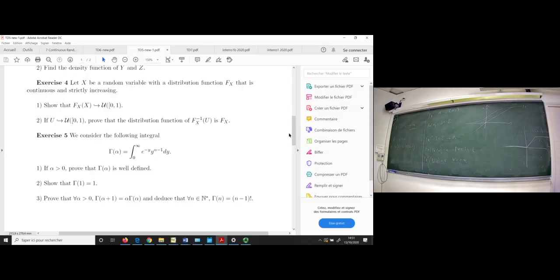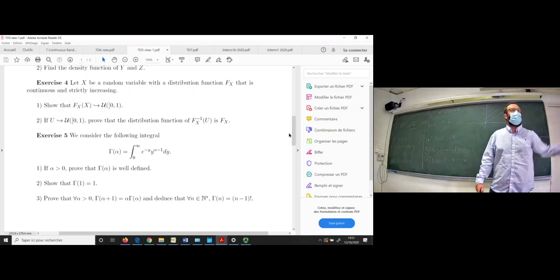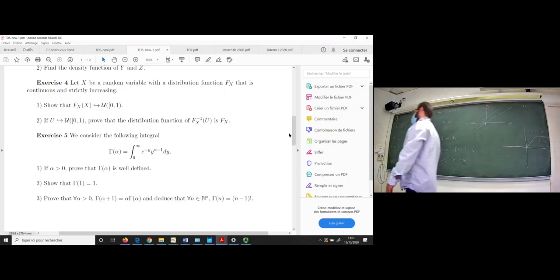Don't worry, because in general, if my exams are done in a good way, you won't need to use very particular results of analysis like this one. Of course, you need to know something about computing integrals and sums, but that's something I can't ask you to know perfectly. So if I need it, I will give you a reminder in the statement.